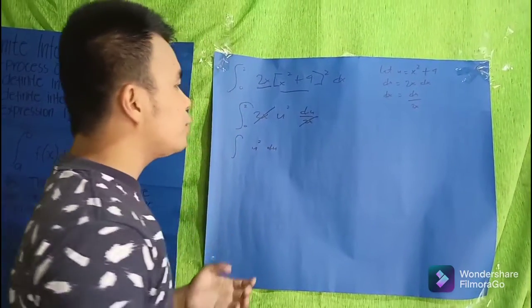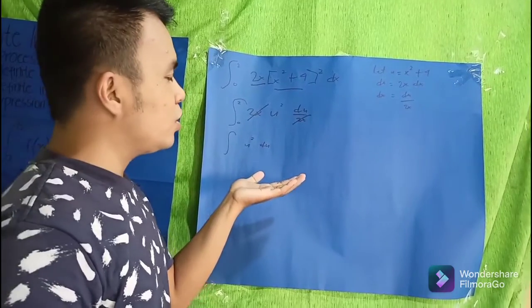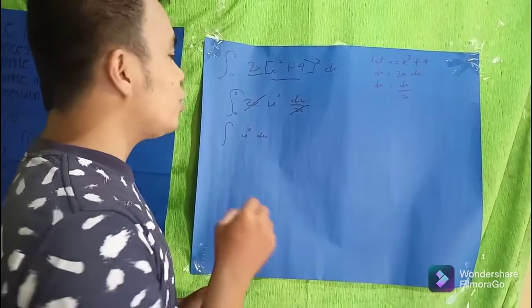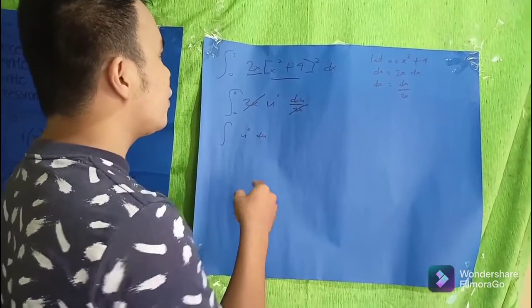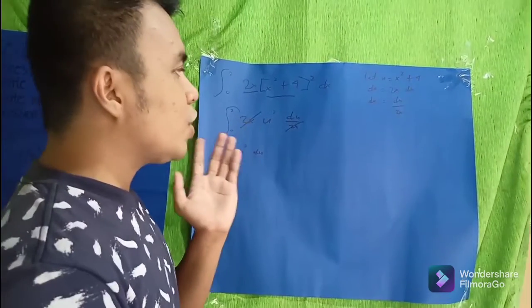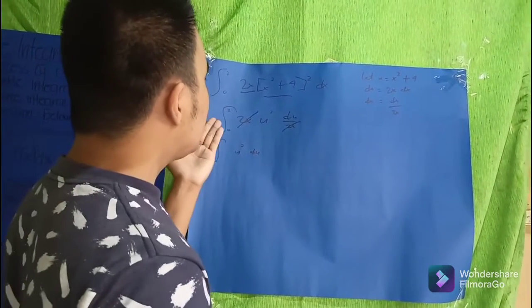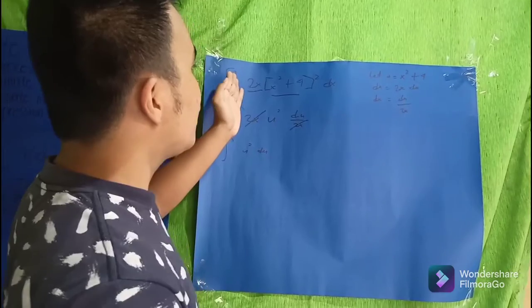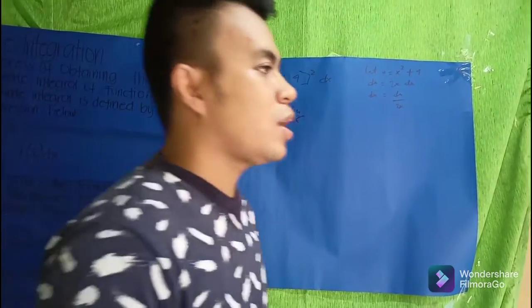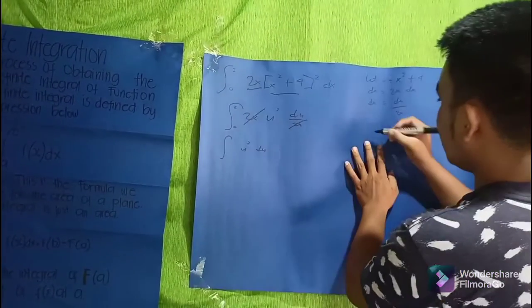So now that we have no x in our expression, we will now change its limits. To change limits, we need to use the lower limit and the upper limit. So this is how you change your limits.